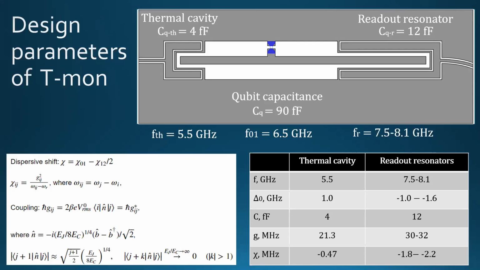I see only one G in the table. Well, there is another one, there are thermal cavity and readout resonators. On my structure, I have the thermal cavity. I see, ah, okay, yeah, I see it. Two columns and two elements, sorry. No problem, you're welcome.